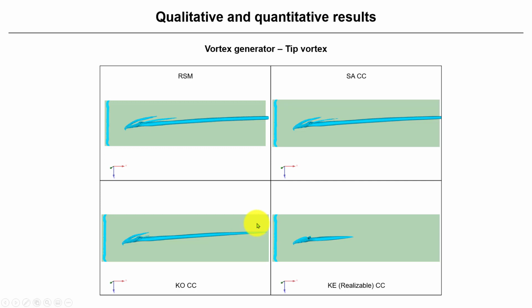But now what happens when we enable these corrections? See, much better results. And by the way, see that the Spalart-Allmaras model is giving very good results, very good agreement with the Reynolds stress. It's a very good model for this kind of application, external aerodynamics. And see that you just enable this one, and it's very similar to Reynolds stress. K-omega SST approached these two models, but it's still a little bit more diffuse.